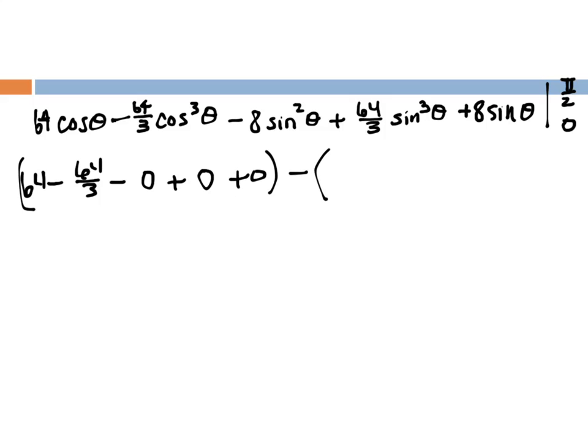Then I'm going to plug in 0, and when I plug in 0, the cosine thetas are 0. So I get the two zeros at the beginning, 0 minus 0. And then I get all the same values for the coefficients. So negative 8, because sine values are all 1, plus 64 over 3, and plus 8.